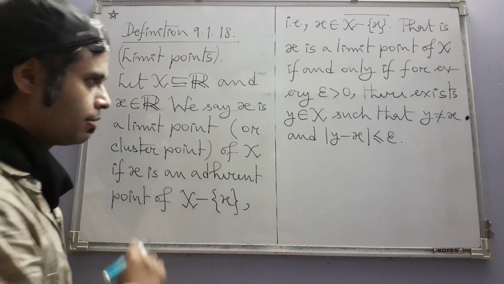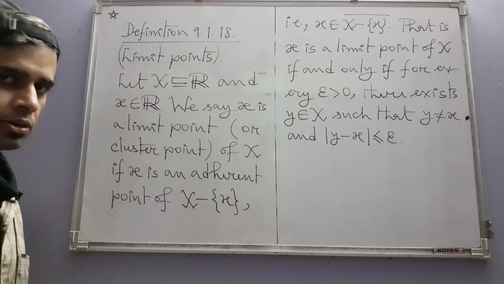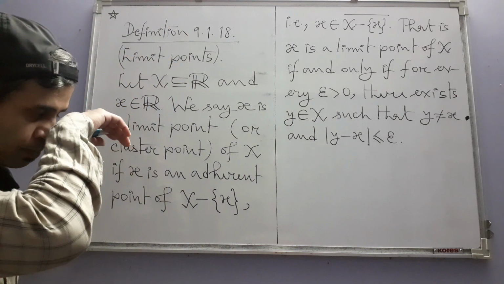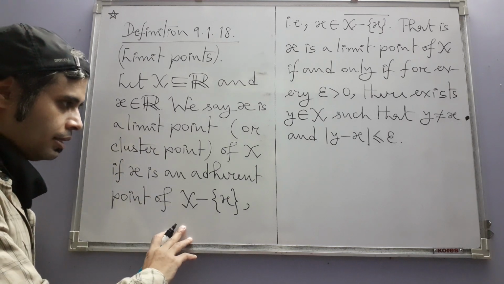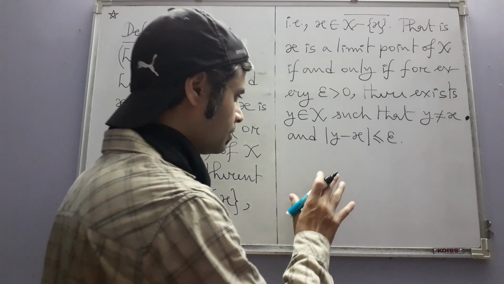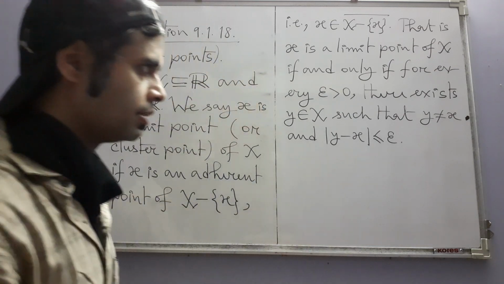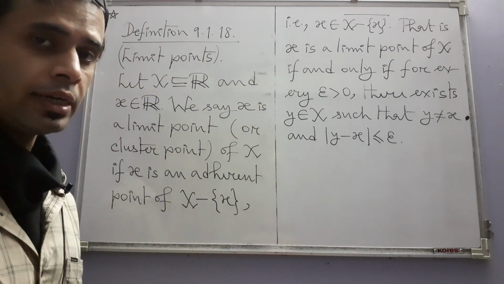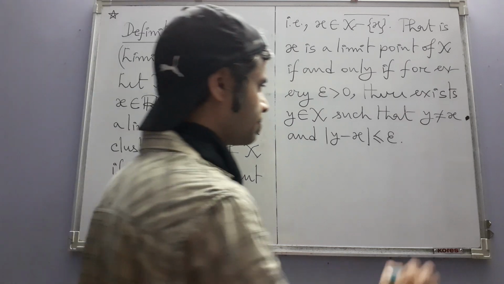Okay, so that is the notion of a limit point or a cluster point. And there is another type of points that is also included in this definition, namely isolated points.